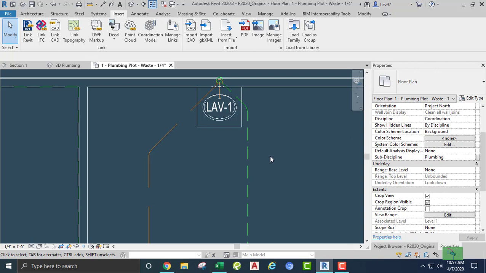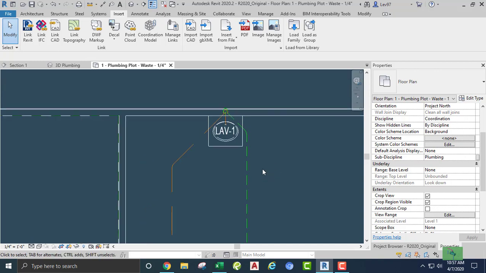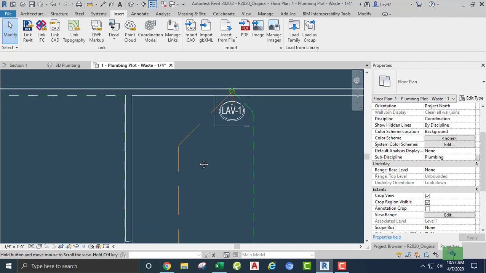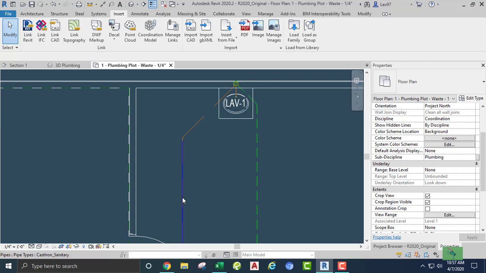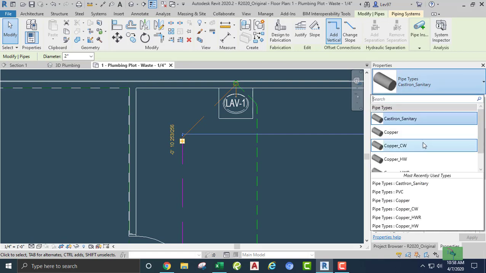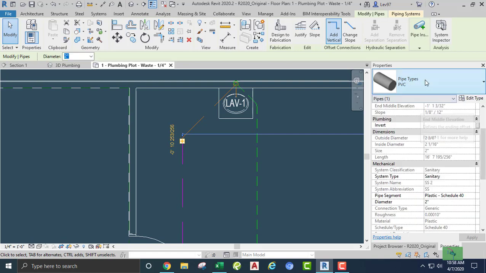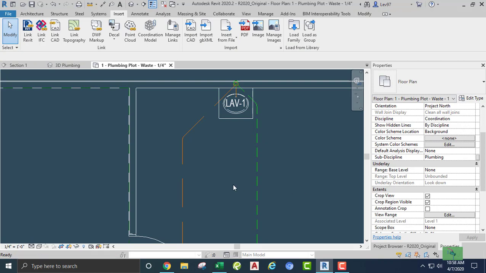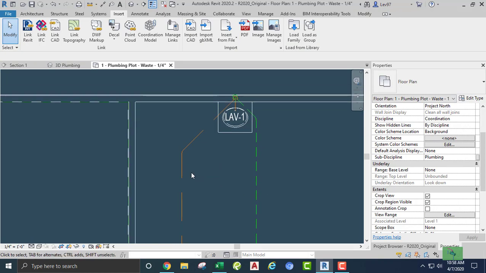So, needless to say, I'm using plastic for my types and plastic for my fittings, because that's what's available.